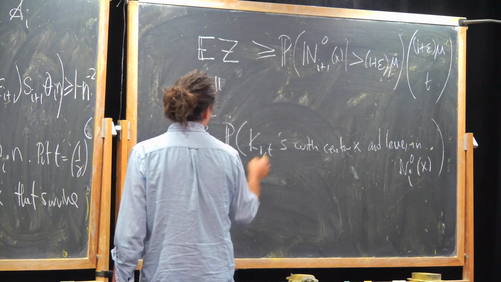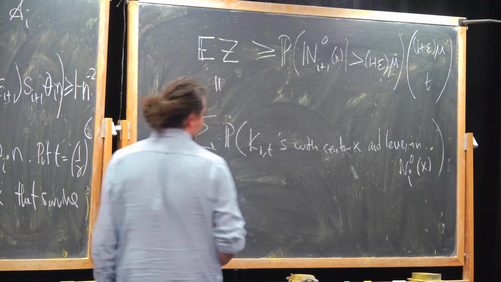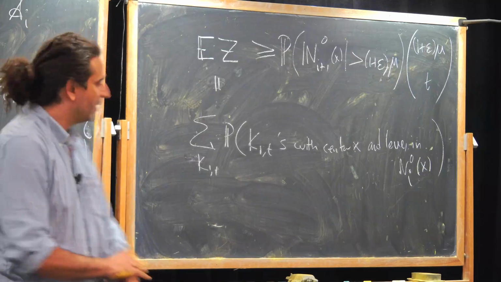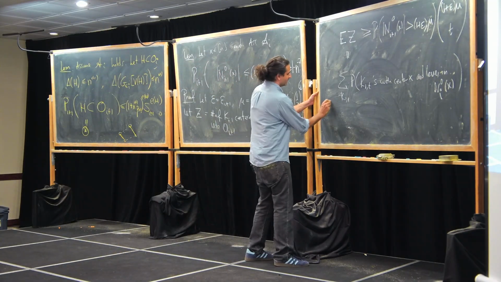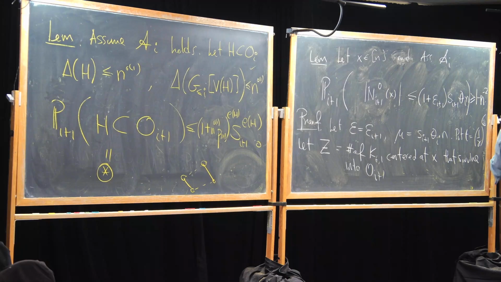So this is the sum over all such K1T's. And again, I actually have very good control over this. So it's simple. So this was at step I.